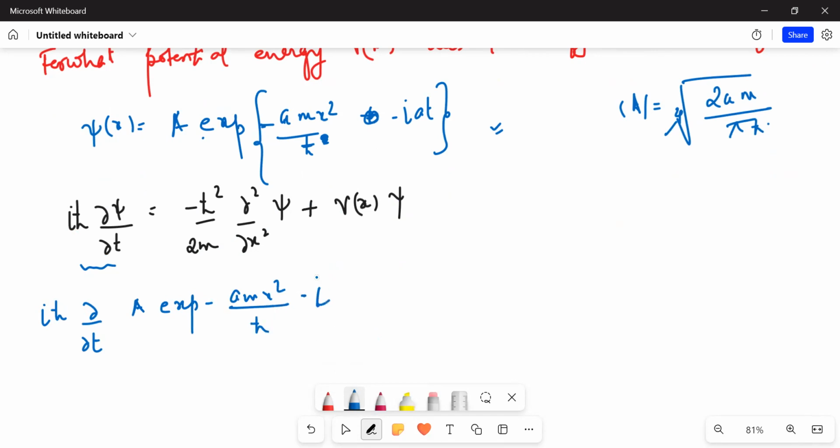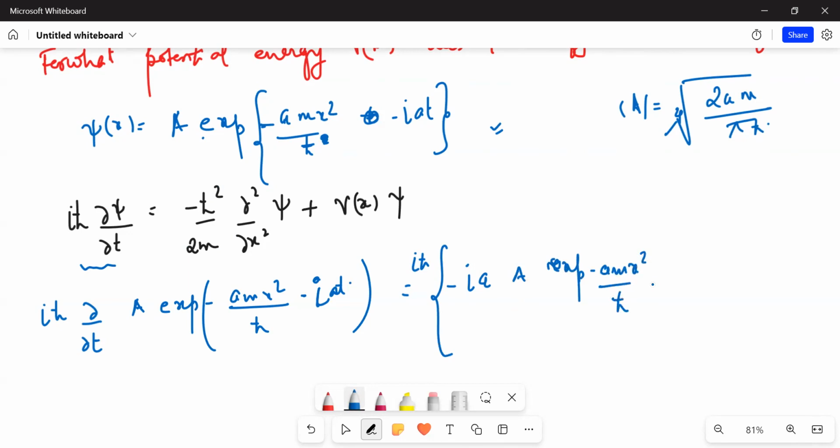So what I'm going to get is minus i a, multiplied by i h-bar. So i h-bar times minus i a would come, and then the entire thing, A exponential of minus a m x squared upon h-bar, minus i a t.